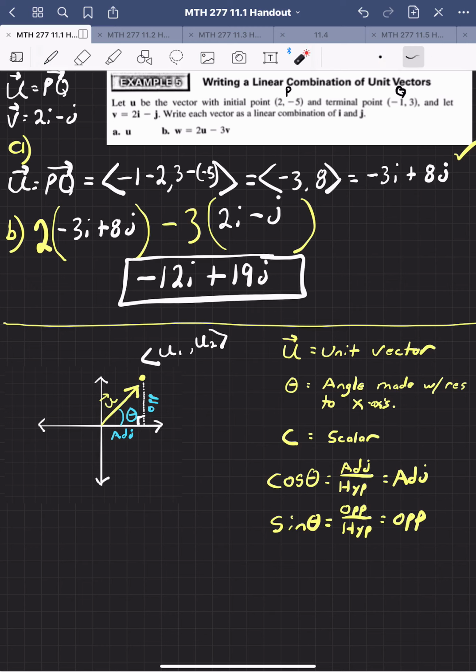Does it now make sense to you that this point has some x and some y component, right? In other words, if I'm here and you're here, if you want to tell me how to get to you, you would have to give me both a longitude and a latitude, right? In order for me to get there.